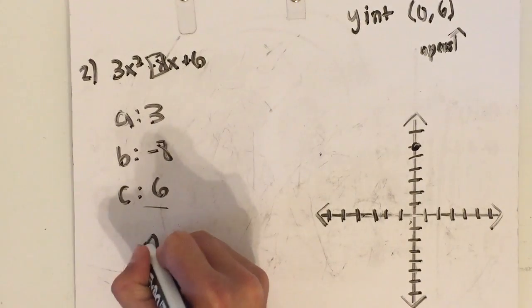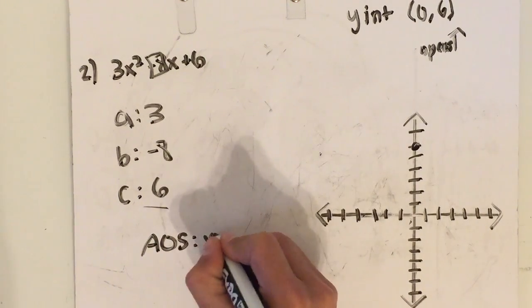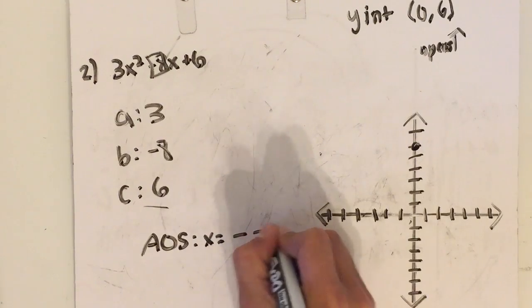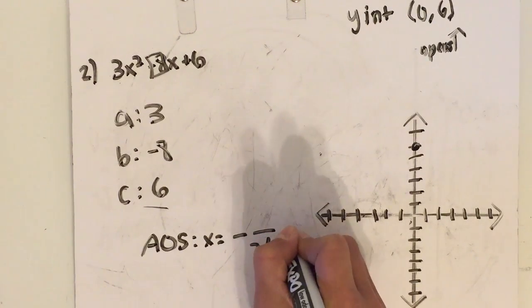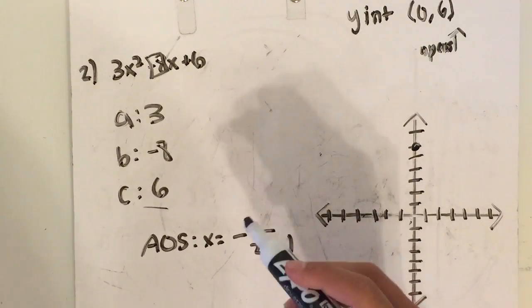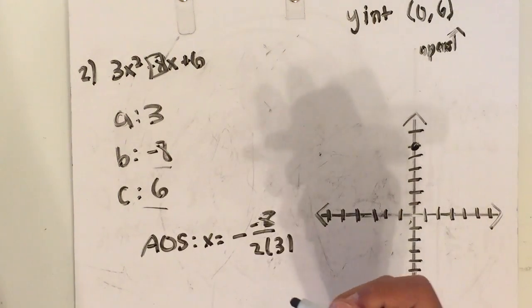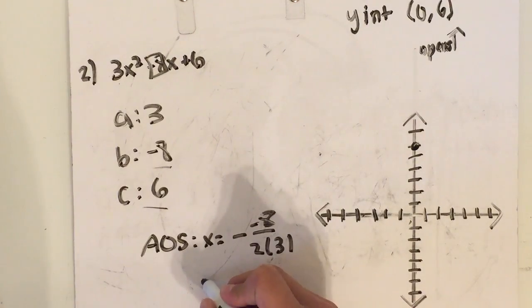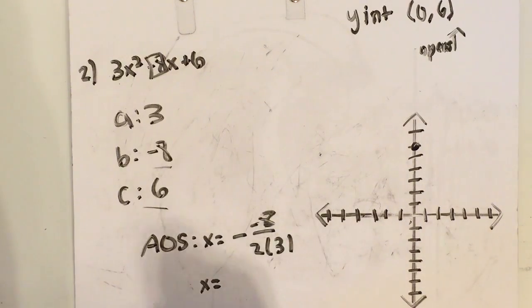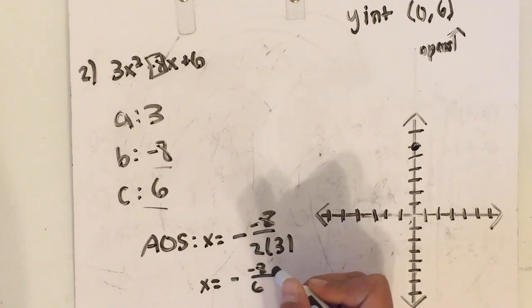So our AOS equation, if you remember, is x equals -b over 2a. So let's go ahead and plug everything in. So our AOS is x equals -8 over 6.